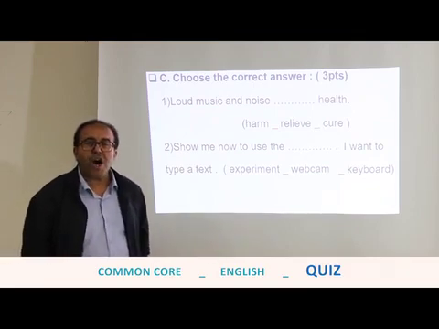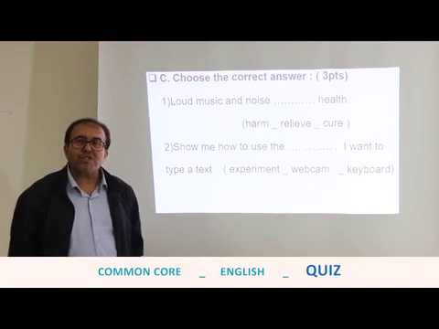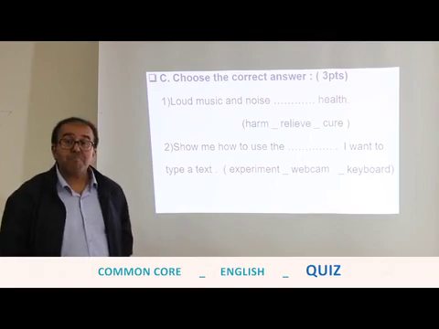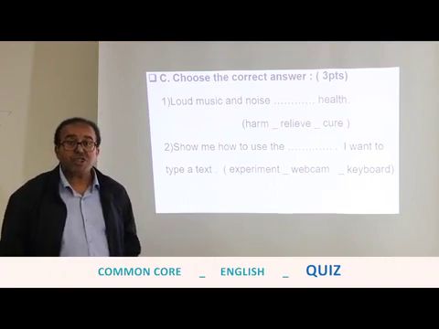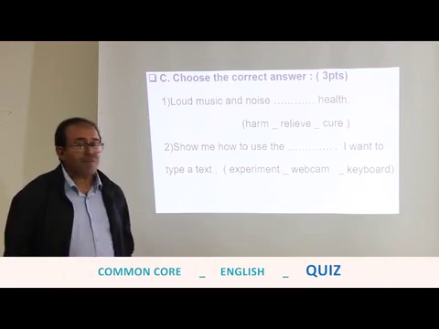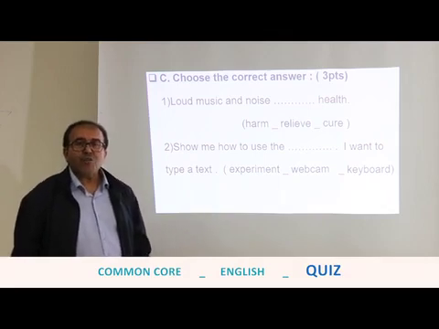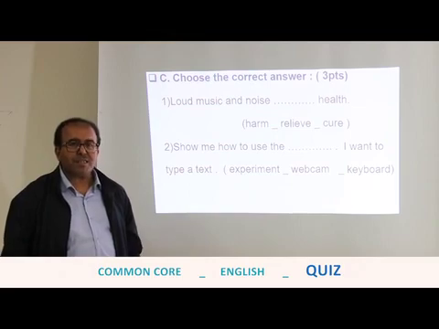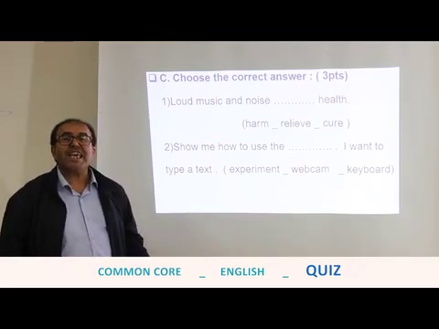What is to harm? To harm is to damage, to ruin, to destroy, something which is bad. Smoking harms health. Smoking is not good for health. Something which is not good, it harms. Relieve. When you take medicines, you visit the doctor, you take medicines, medicines relieve.